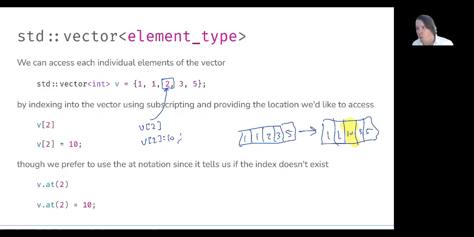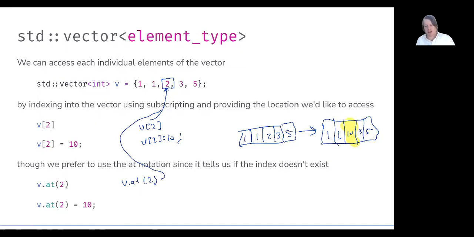So subscripting is one way we can interact with the different elements within this collection. However, we're always going to encourage you to use this at notation here. You'll get it as we get into classes. You'll understand that this is a member function, and it is defined slightly differently than subscripting is for a vector. If we write v.at(2), we get exactly the same thing back.